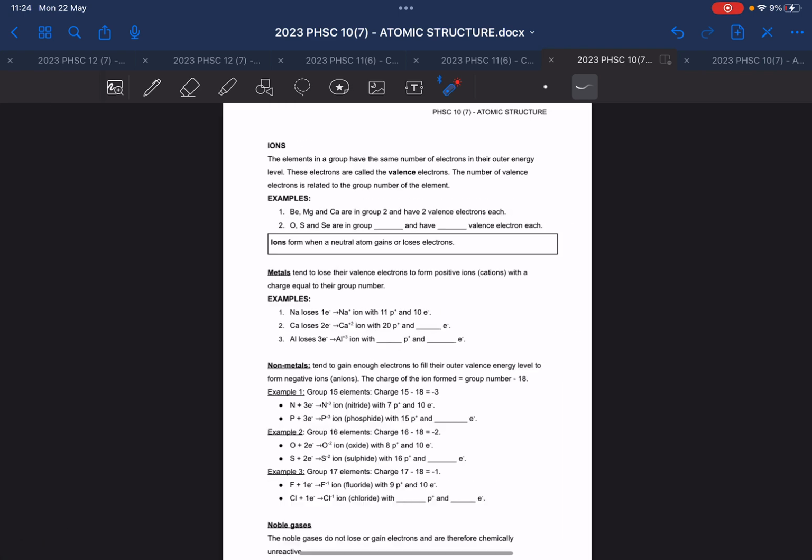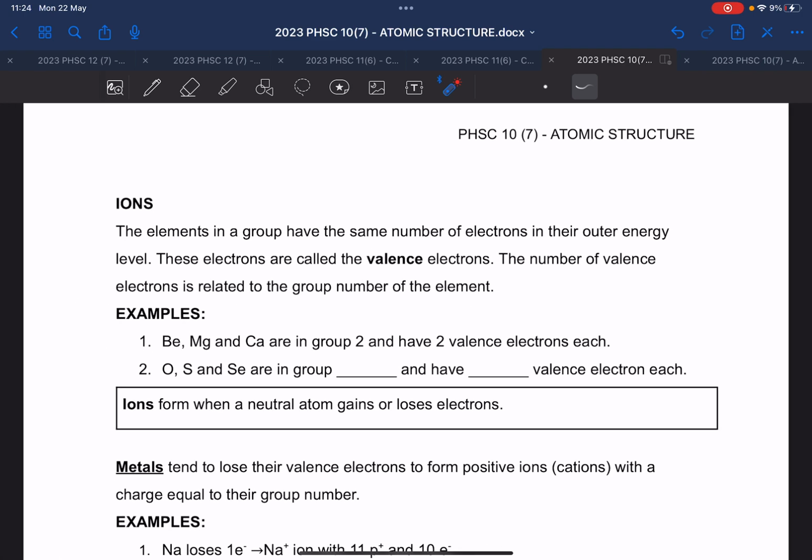Alright. Then we are going to go to ions. You had to memorize ions, the anions and the cations, and I spoke about what is an ion. So I'm going to read and then explain again. The elements in a group have the same number of electrons in the outer energy level, in the valence energy level.